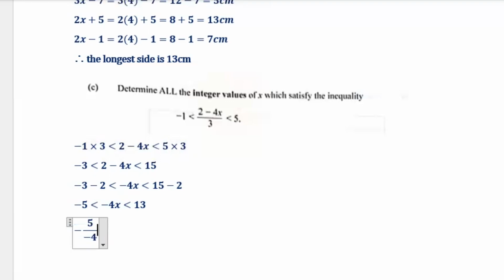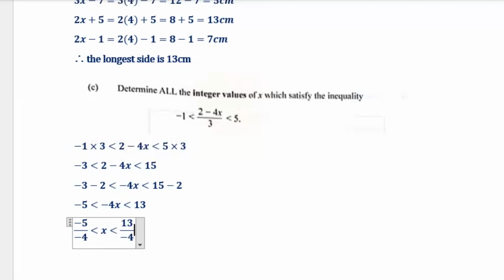Let's rewrite that a bit and put some brackets. So we'll have -5 divided by -4, less than x, which is less than 13 divided by -4.